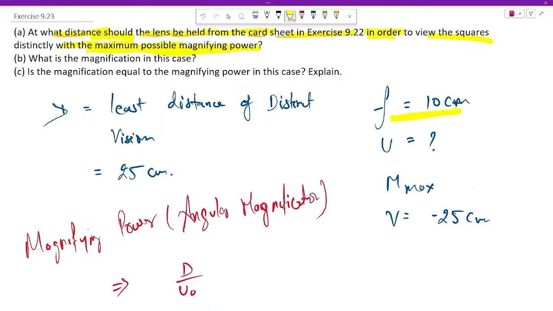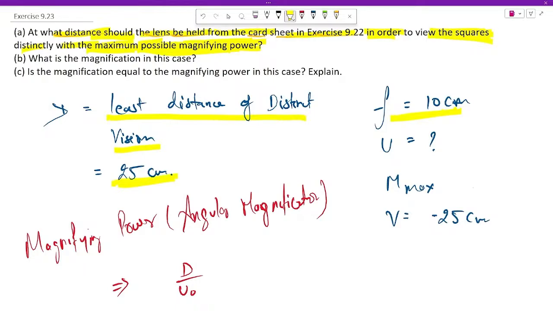Now we have to find out the magnifying power, or the angular magnification, for the image to be formed such that the eyes could see distinctly. So for the squares to be visible distinctly, the image should form at the least distance of distinct vision, that is 25 centimeter away from the eye.